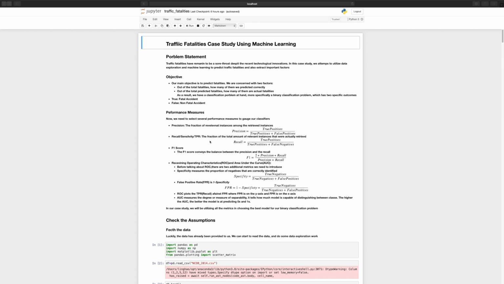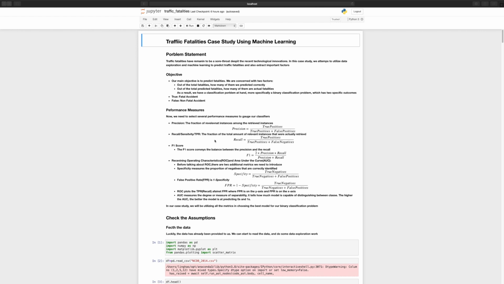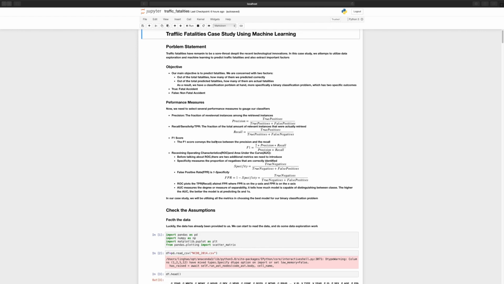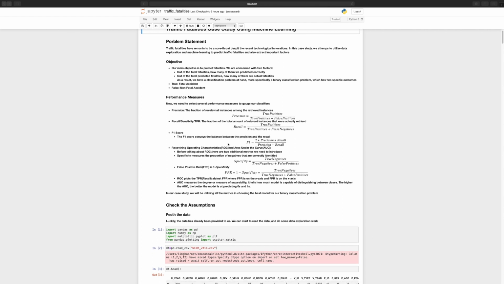And the second metric is called recall, or sensitivity, or true positive rate. It is the fraction of the total amount of the relevant instances that were actually retrieved. And the third metric is the F1 score. It conveys the balance between precision and recall.